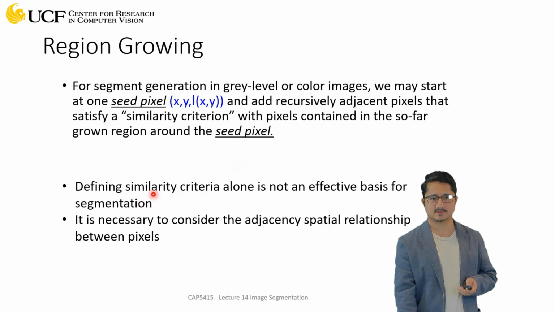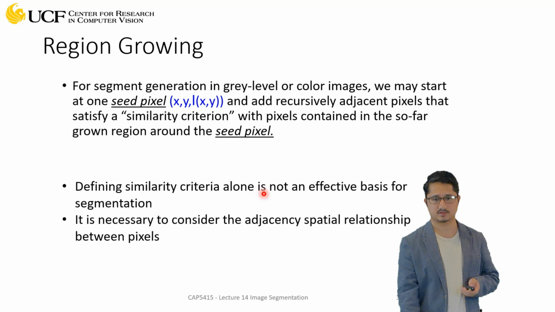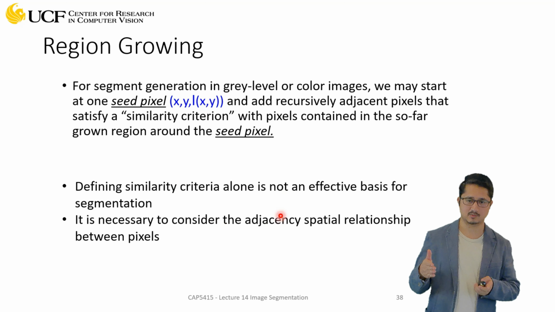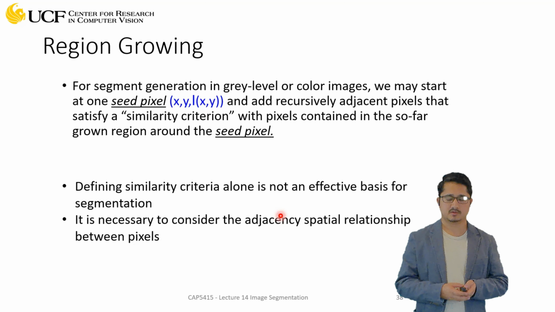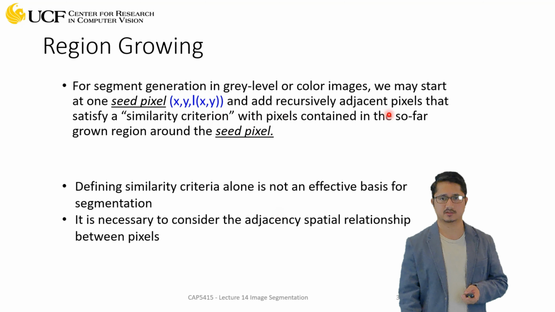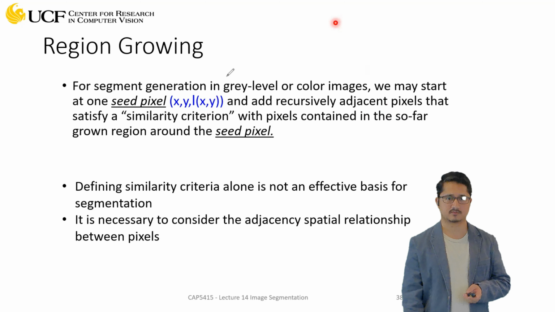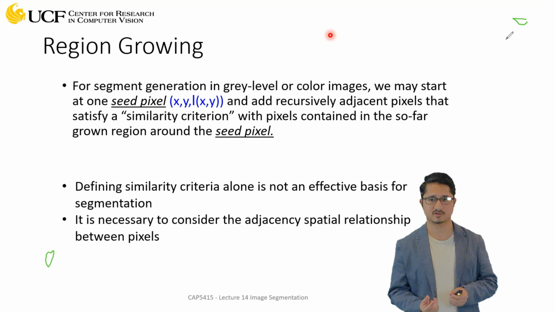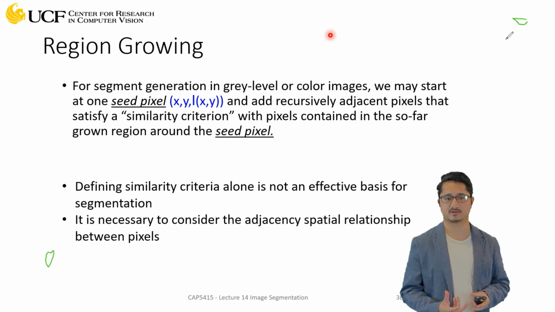As I said, the similarity criteria alone is not sufficient. We also need some kind of adjacency neighborhood, and I will explain why. If you look at this slide, this pixel is purely white, and this top right pixel is also pure white. So if you just look at the color information, these two would be the same segment.